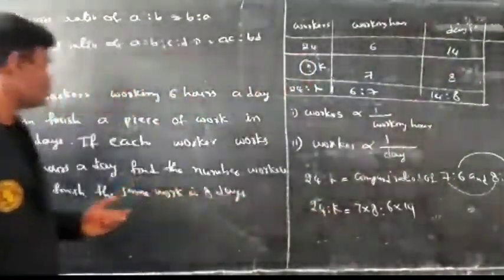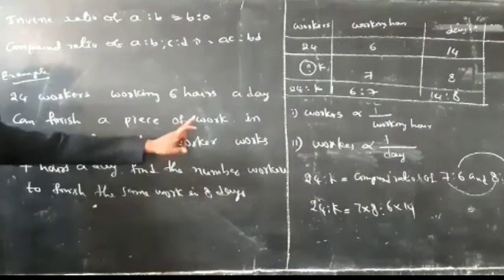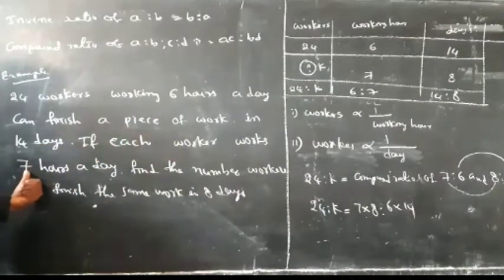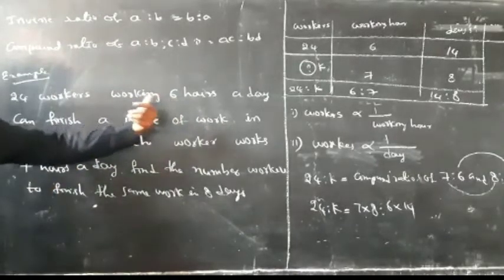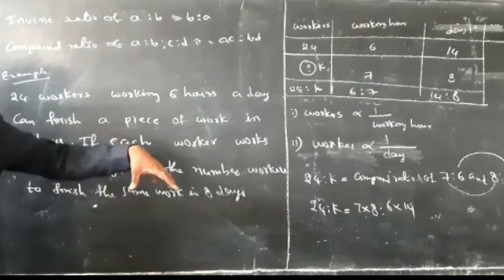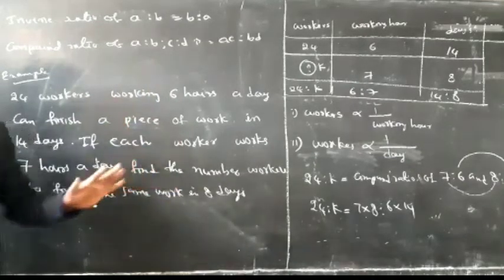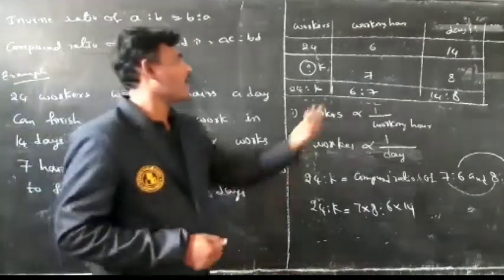What about case 2? If each worker works 7 hours a day, here hours increased from 6 hours to 7 hours. Find the number of workers. Here what do I need? The number of workers to complete the same work in 8 days.